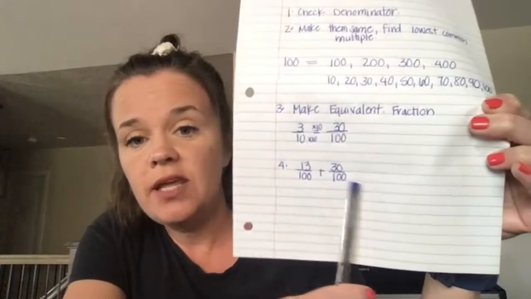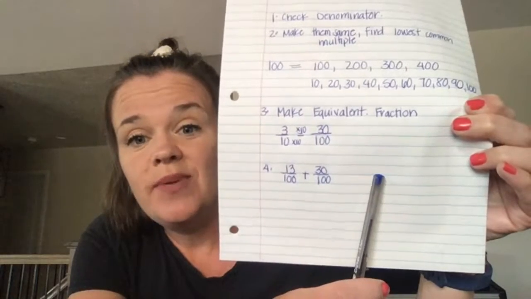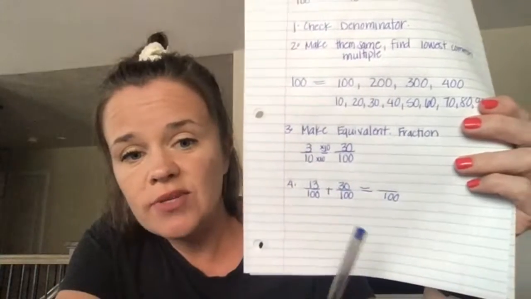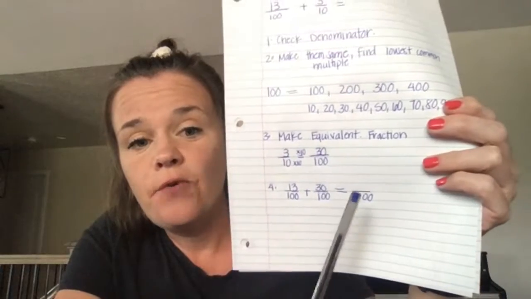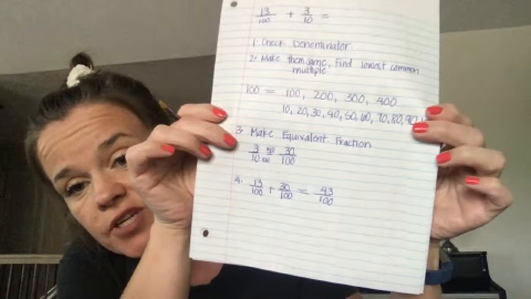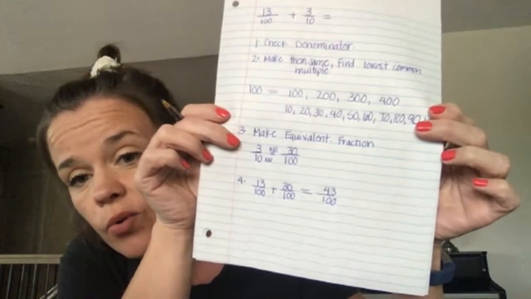Now that you have the denominators the same, your denominator is going to be what? It's going to be 100, okay? So I'm going to write my denominator as 100. Now I just add the two numerators, okay? So if I was going to add 13 to 30, I'm going to get 43. So my answer for this one is going to be 43 over 100. You could also read that as 43 out of 100.